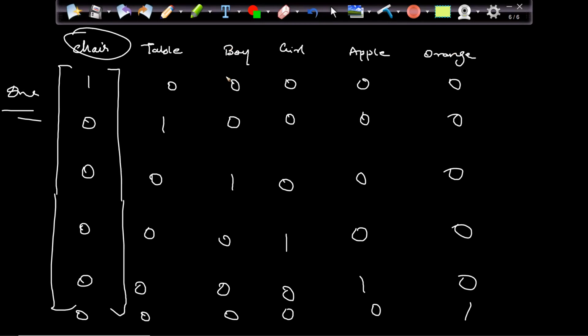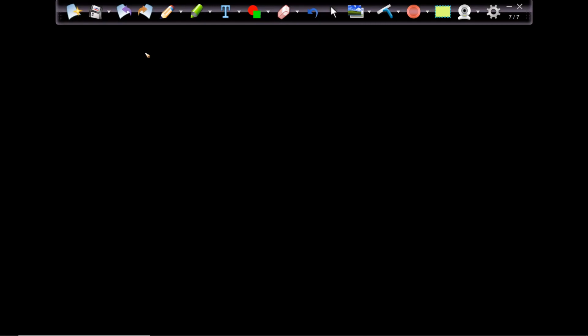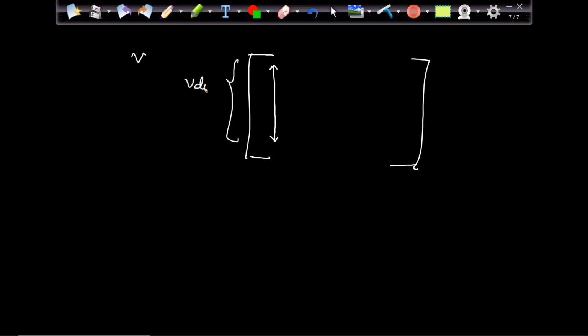But this is how, first of all, I'll convert the data. Because now see, in my review, let's say we have v words. So I will generate a vector which will have v dimensions.